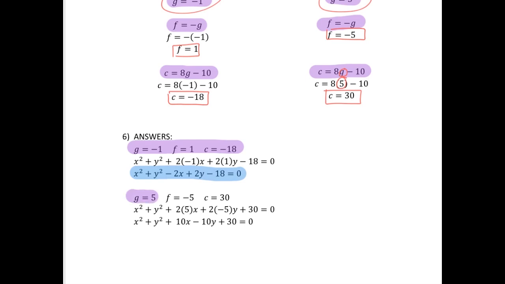Our answer when g is 5, f is minus 5, and c is 30 will be x squared plus y squared plus 10x minus 10y plus 30 equals 0. Those two equations are our final answer.